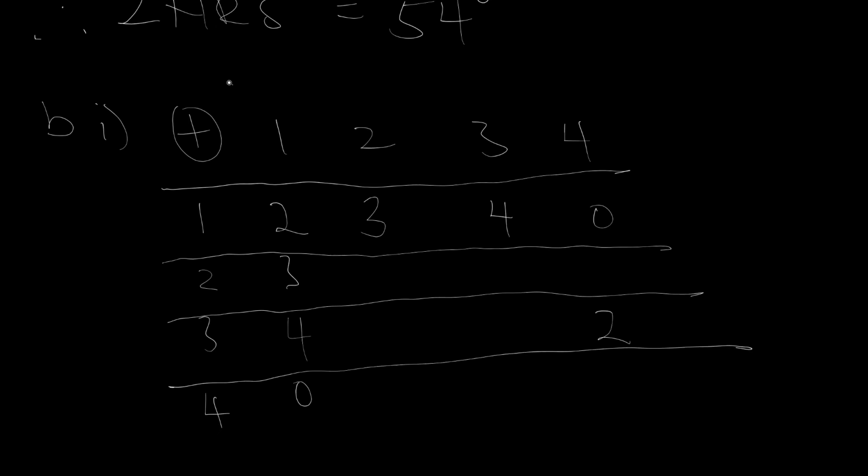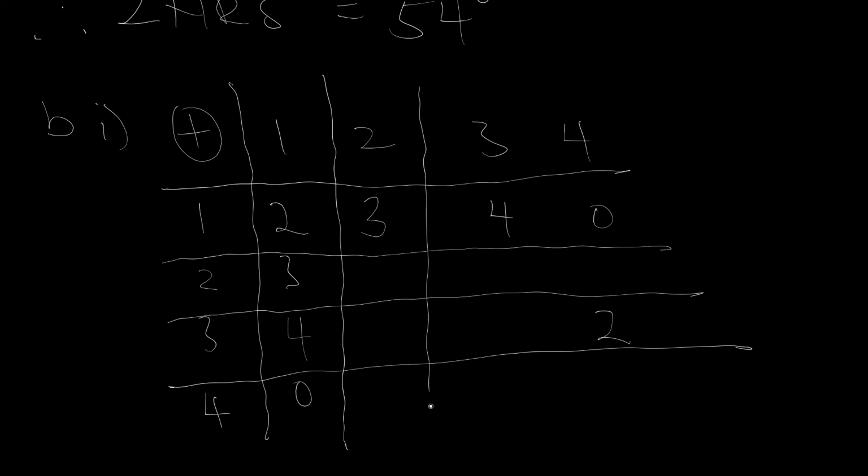But remember, this addition is in modulo 5. So modulo just means remainder. So what we do is we add the values and divide by 5. If there is no remainder, we put 0 in the box. But if there is a remainder, we write the remainder there.